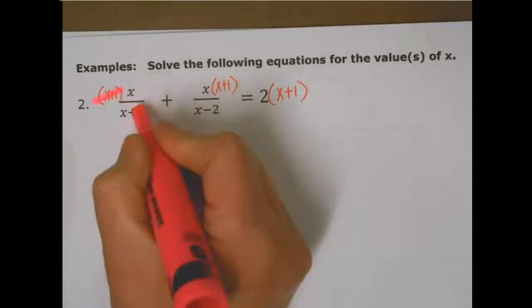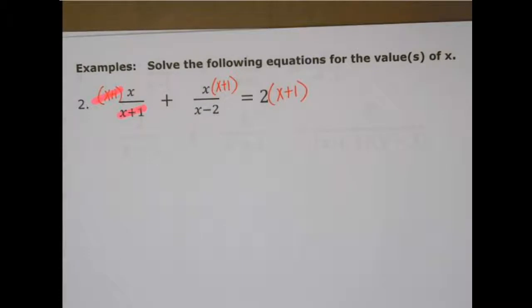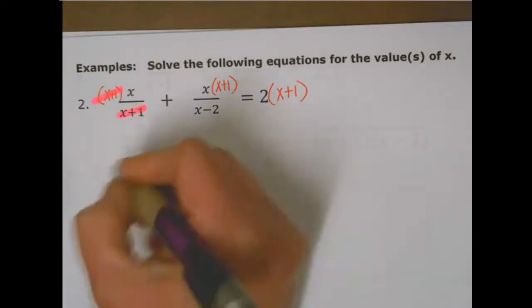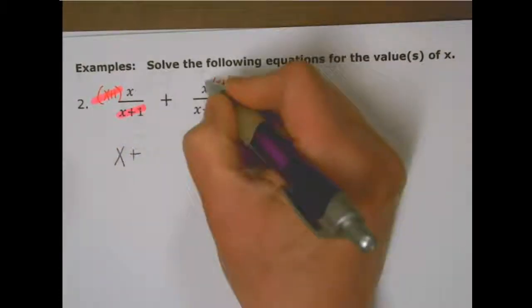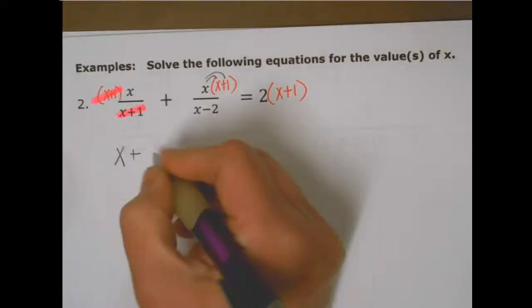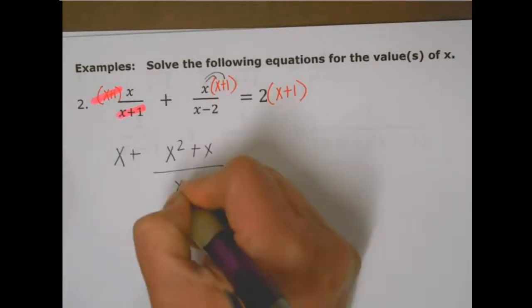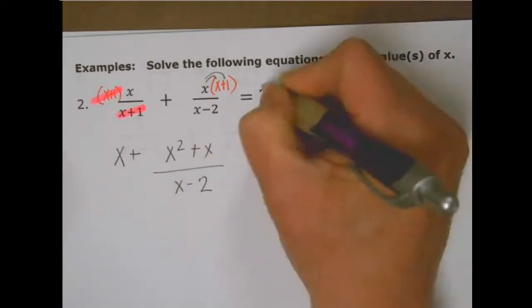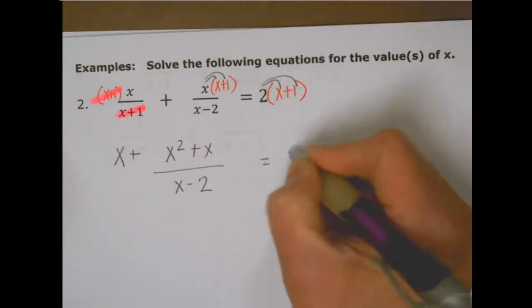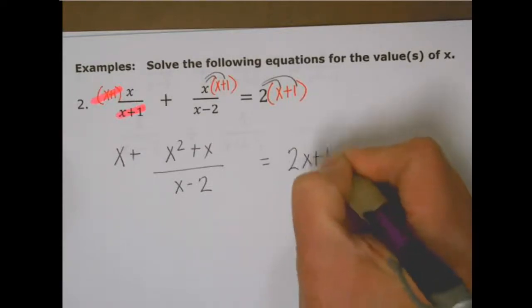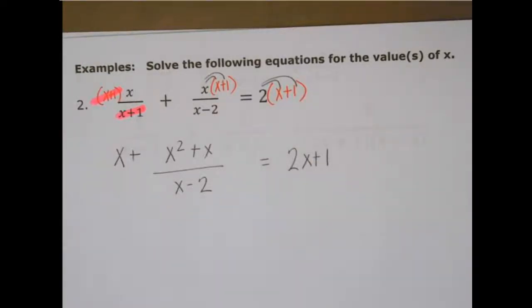And this x plus 1 is going to cancel. This x plus 1 is going to distribute. And this 2 is going to distribute. I still have a denominator.